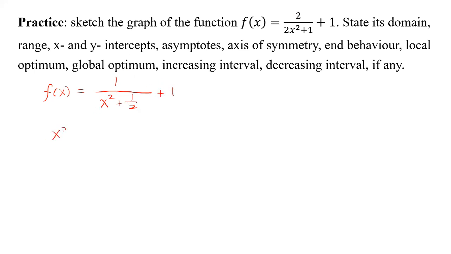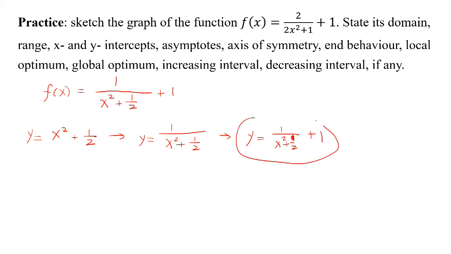So we can first draw the graph of y = x² + 1/2, right? And then find its reciprocal, which is 1 / (x² + 1/2). And then just translate the function in the previous step up by 1 unit. This will give you the final sketch, right?